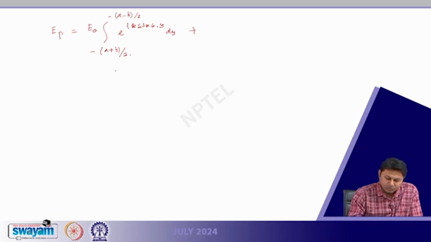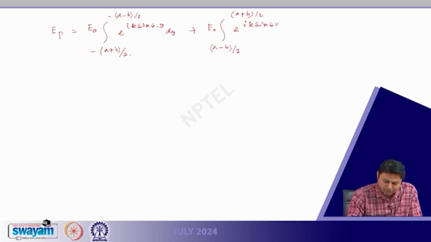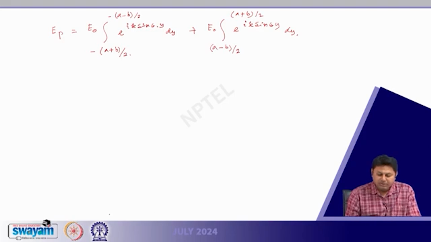This is for slit 2, and for slit 1 it is E naught, with lower limit (A minus B) by 2 and upper limit (A plus B) by 2, of e to the power of i k sin theta y dy.